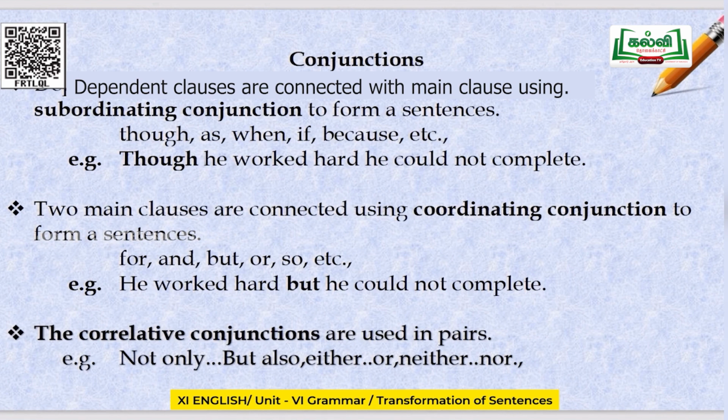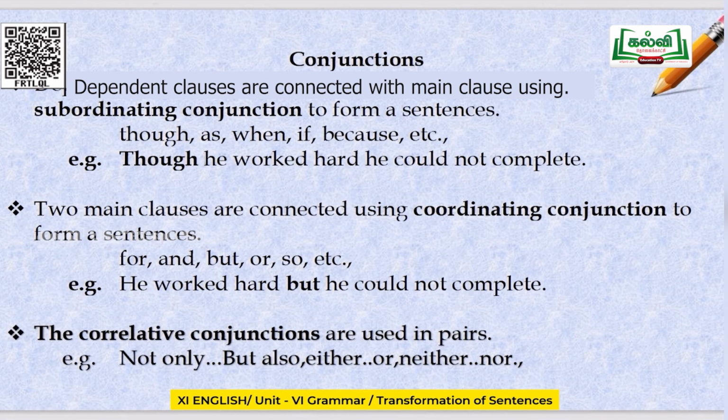Now, if a main clause and a subordinate clause is to be combined, you need to use a subordinating conjunction. The two main clauses will be connected using coordinating conjunction.